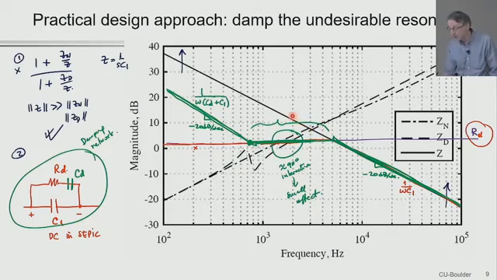So you have to have RD that is small enough, smaller than the impedance that you have right here. So RD has to be small enough in value so that the interaction here is avoided. So this flat line has to be below this point right here.